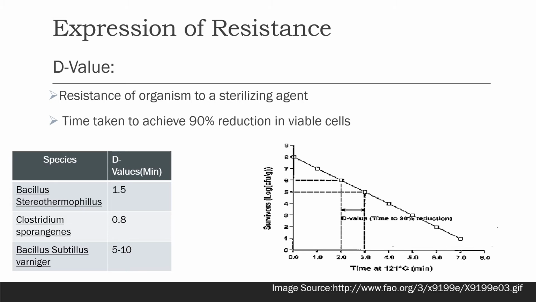The D value is the time taken at a fixed temperature or radiation dose to achieve a 90% reduction in the viable cells.